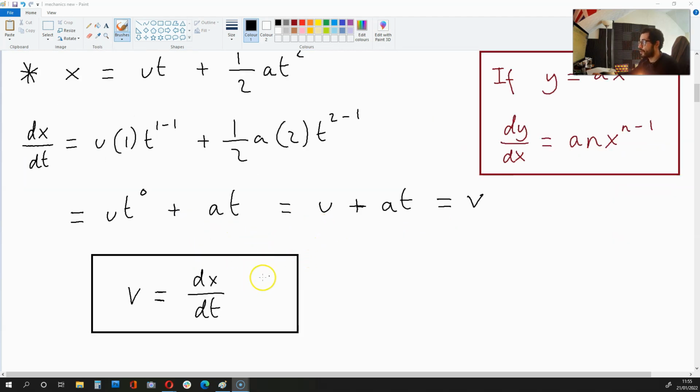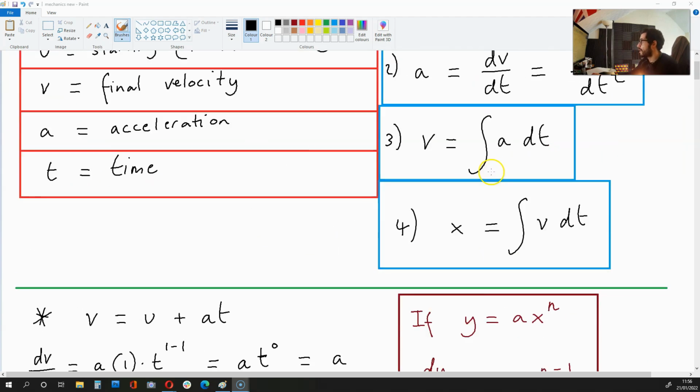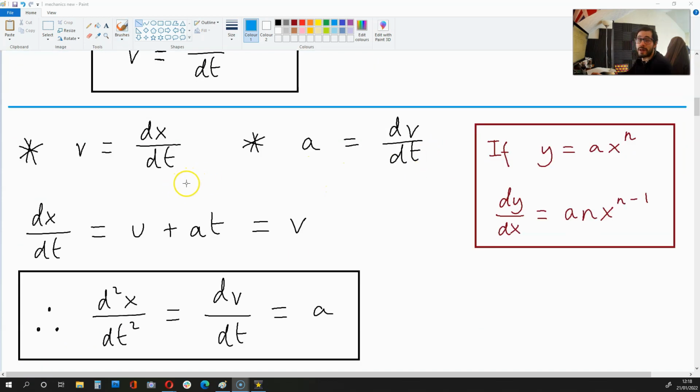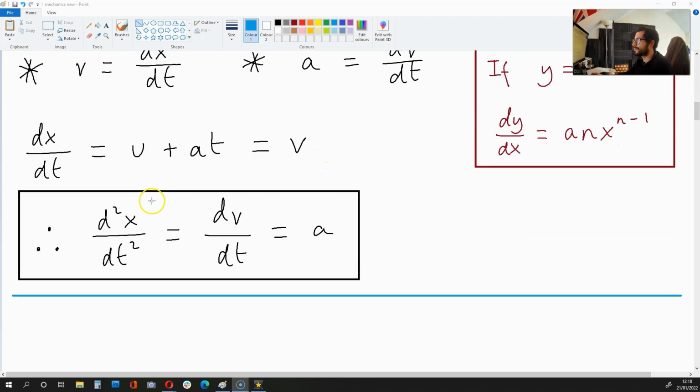Okay, so we're going to have to differentiate this over here once more to show that it is equal to acceleration. From our previous work, we showed that v is dx over dt. We also showed that a is dv over dt. Now dx over dt is u plus at, which is v.